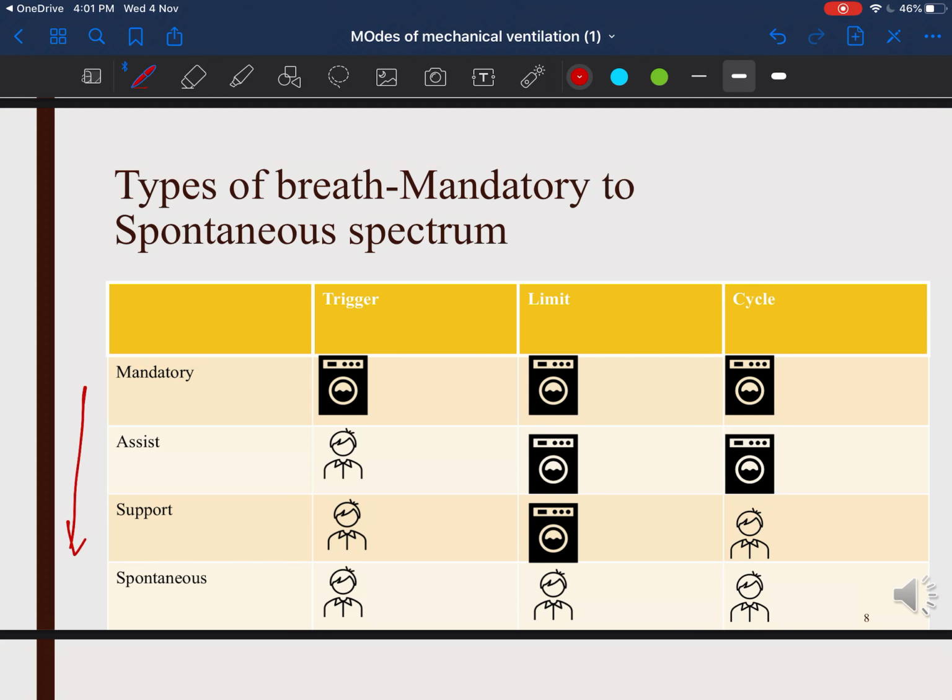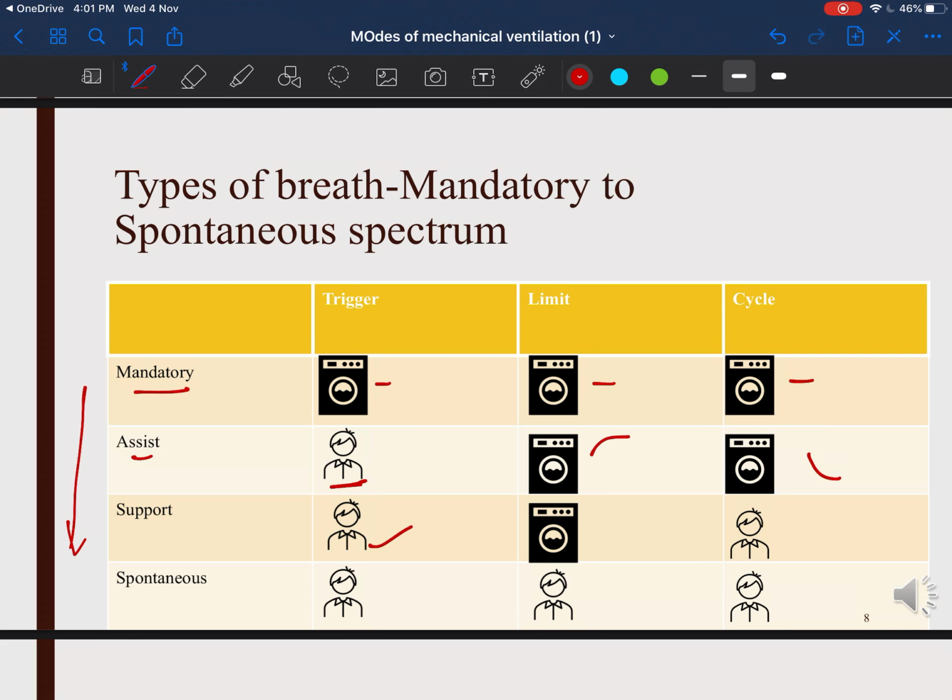So if the ventilator is going to trigger, limit and cycle a breath, then that's a mandatory breath. To know what trigger, limit and cycle are, I suggest you go and listen to previous videos or refer to standard articles or textbooks. Assist is where the patient starts, but how much to give and when to end is determined by the ventilator.